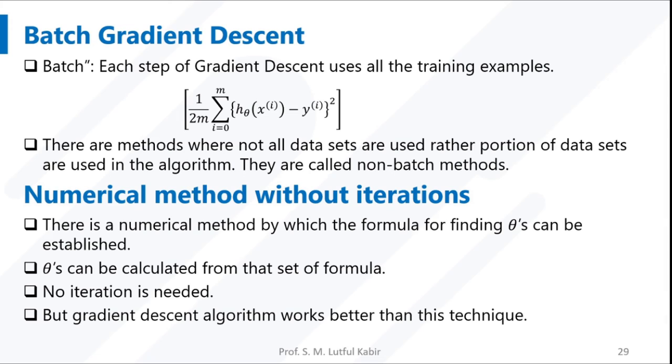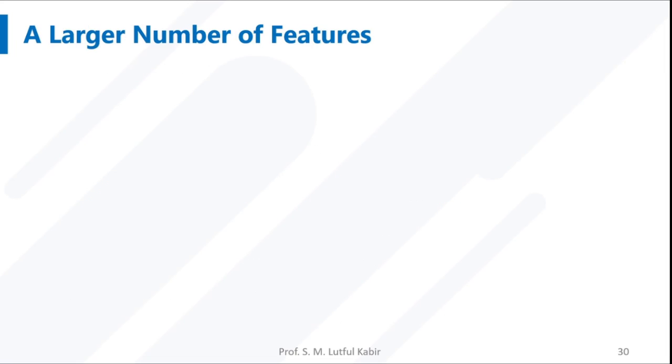We'll discuss the direct method at some point of our lecture, but normally we'll use the iterative method in the gradient descent algorithm. Let us discuss a larger number of features. In the examples that we discussed so far, we considered just a single feature X.